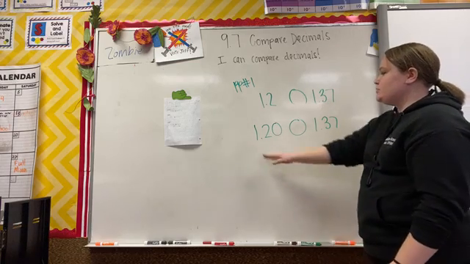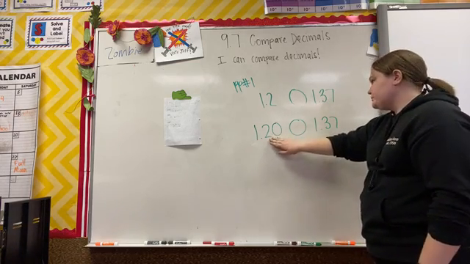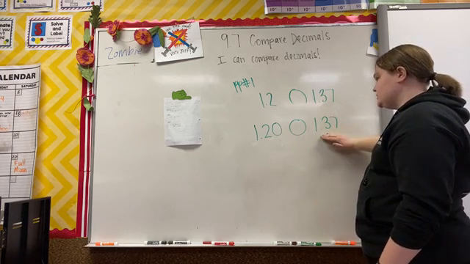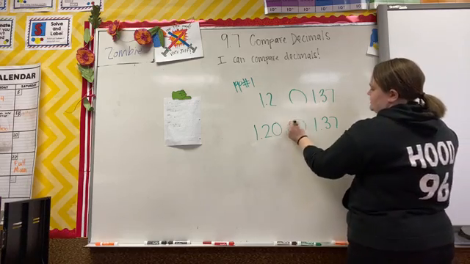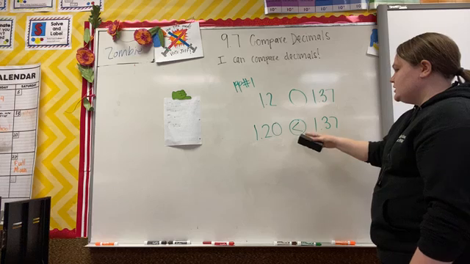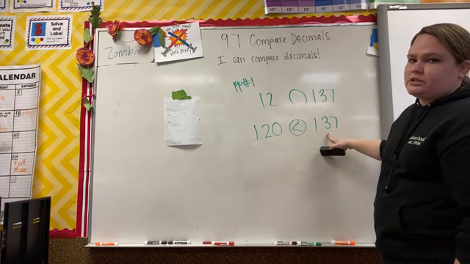Now I can see they both have 1s. Okay, so then I move over. 20 is less than 37, so I know that 1 and 37 hundredths is bigger. So my comparison sign is less than and is towards the 1 and 37 hundredths.